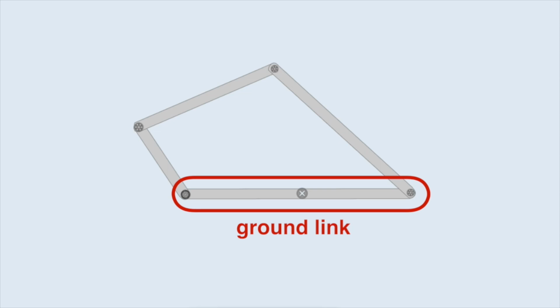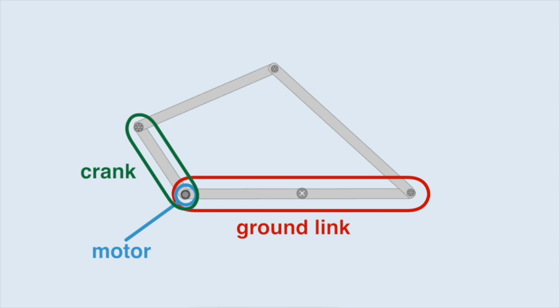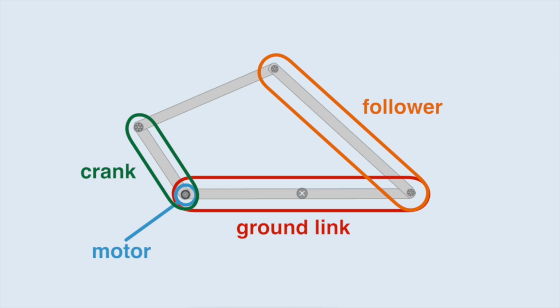The motion of this linkage can be controlled with just one actuator, as represented by the motor in this diagram. This driven link is also referred to as the crank. This link on the other side is referred to as the follower or rocker, due to its rocking motion as a result of the crank's rotation. The link that joins the crank and the follower together is referred to as the coupler.